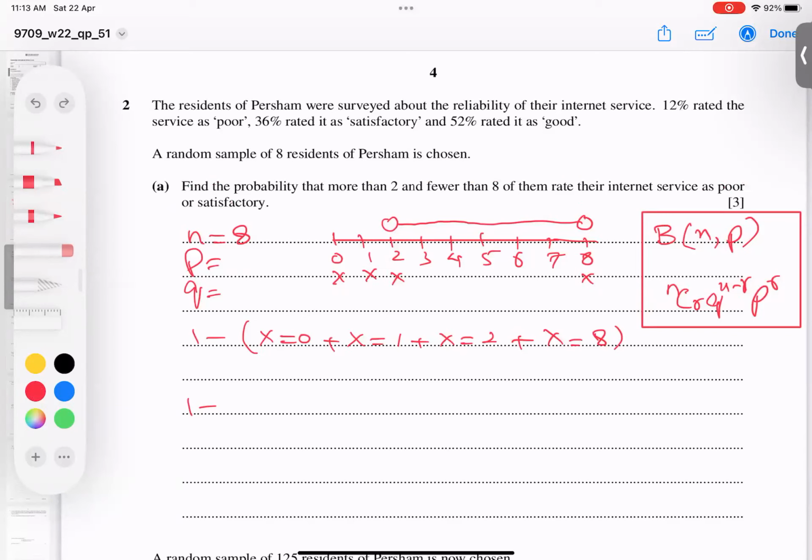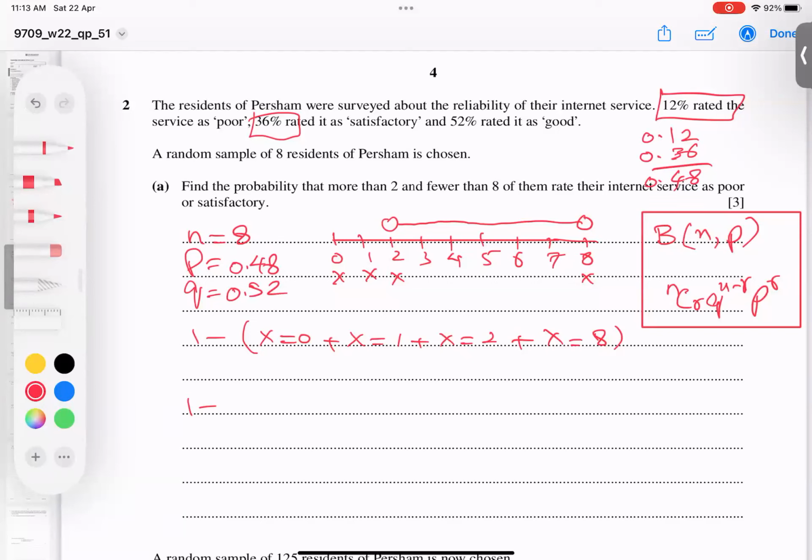Poor is 12% and satisfactory is 36%, so 12 plus 36 gives 48%. So 0.48 is my probability, and 1 minus that, 0.52, is the q value.